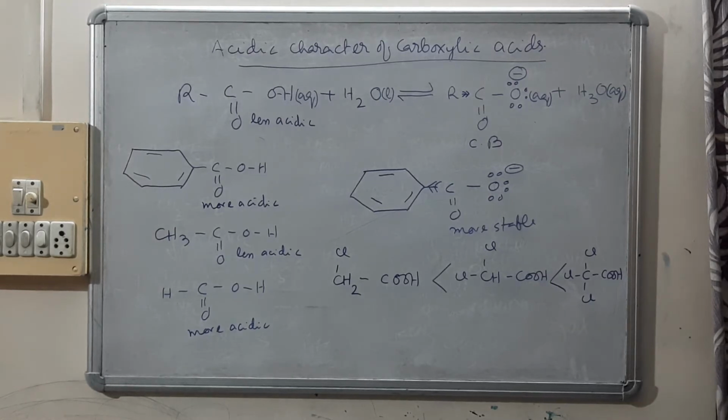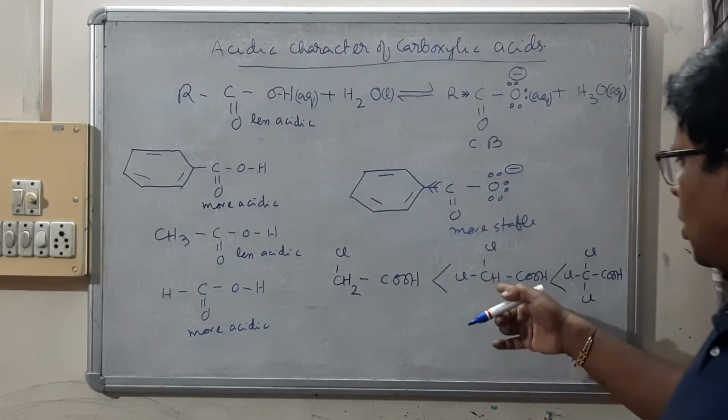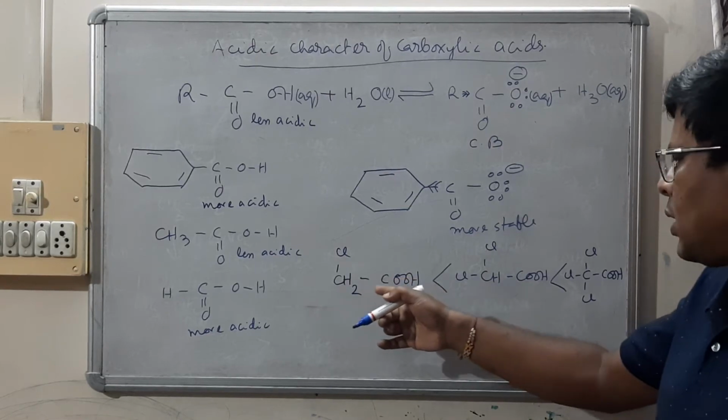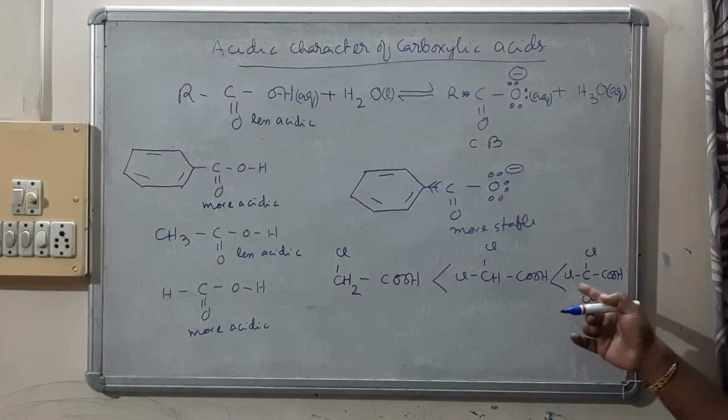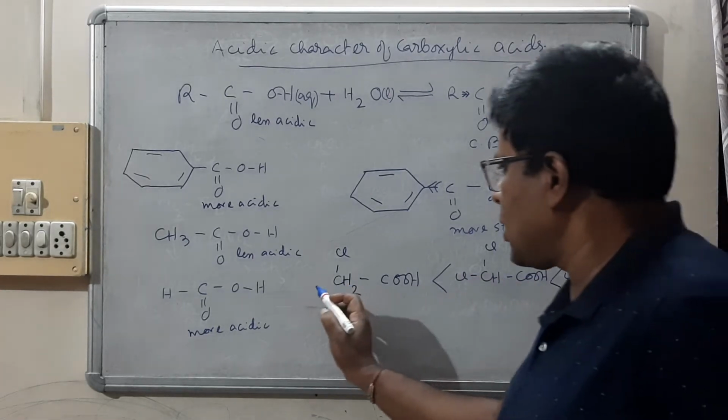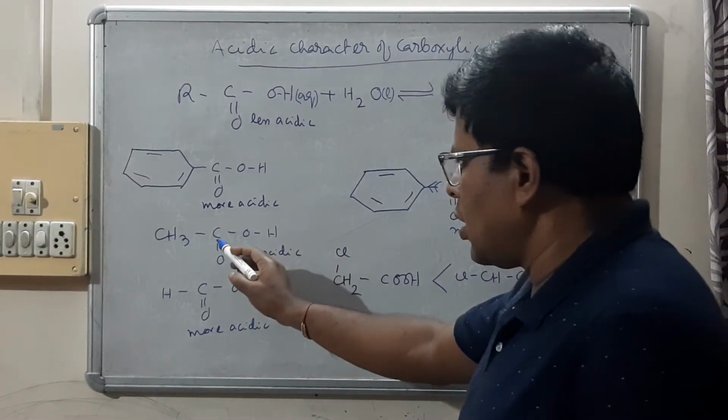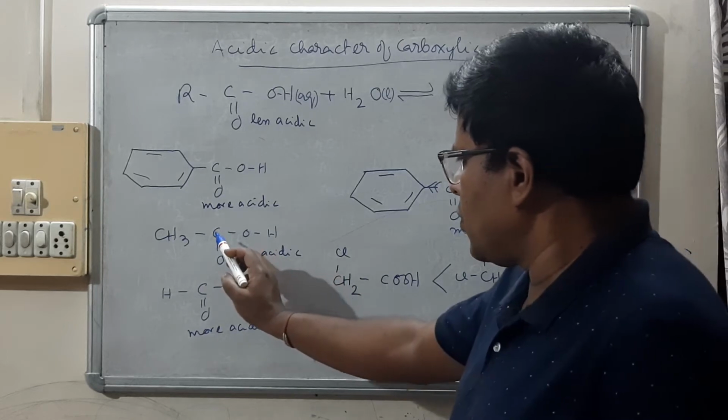Suppose you are asked to explain the acidity order. This is chloroacetic acid, this is dichloroacetic acid, this is trichloroacetic acid. So, how to explain this acidity?